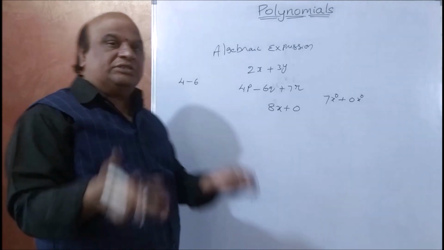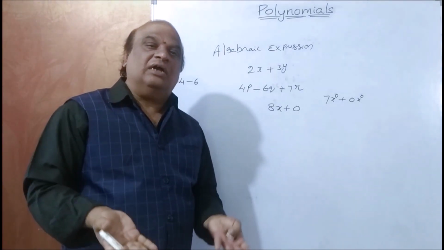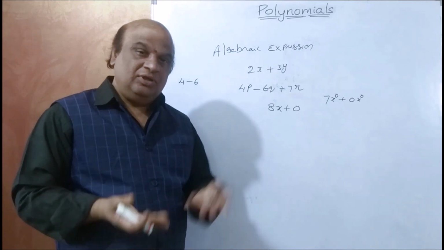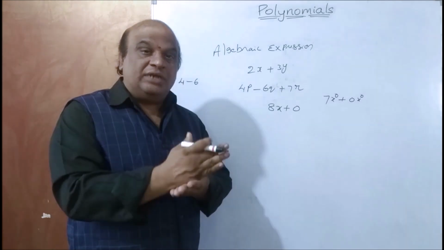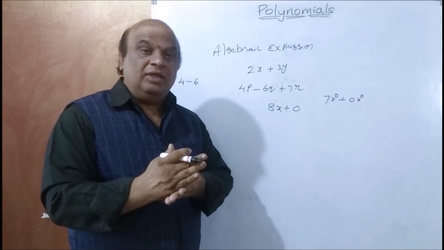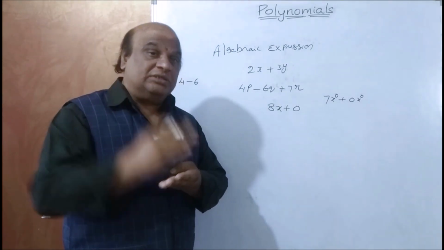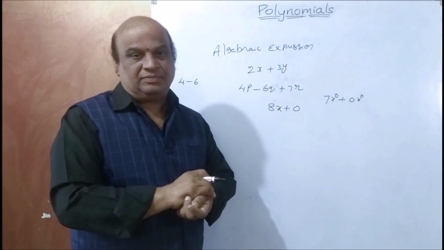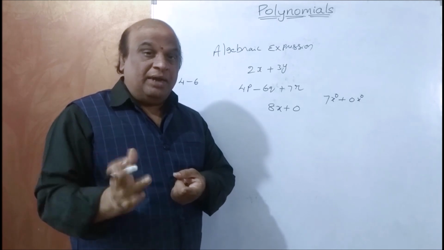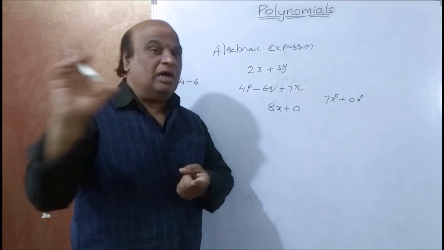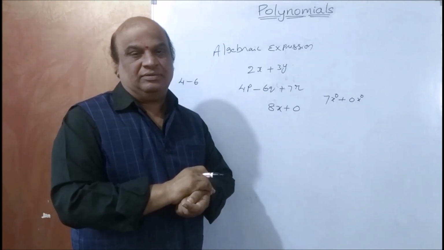So every constant is an algebraic expression. Observe the link. Every constant is an algebraic term. Now, every constant is an algebraic expression. Every variable is an algebraic term, and every variable is an algebraic expression.